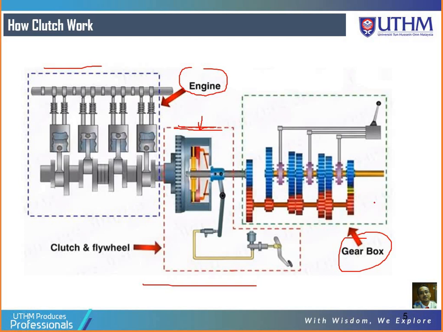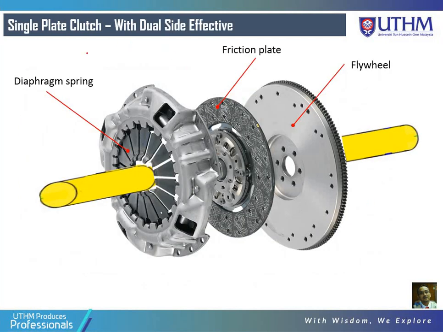Okay, all right. So this is a single plate clutch with dual side effective. What is the meaning of dual side effective? If you see from this picture, this is from the engine, and over here is towards the gearbox. So basically this is the friction plate.